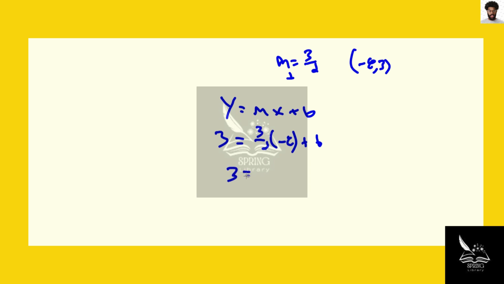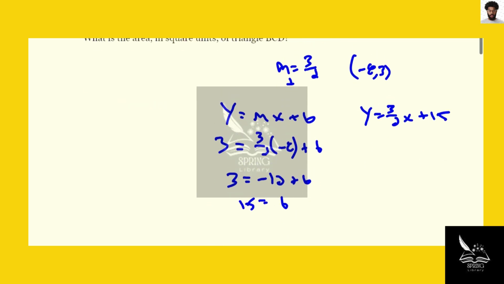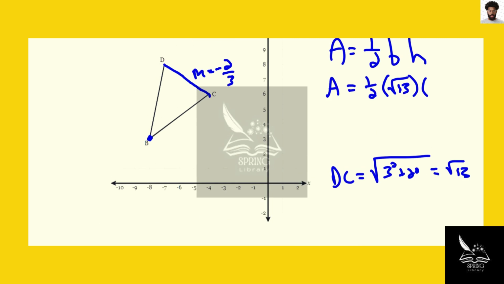3 equals -12 plus b, so b equals 15. So y equals 3/2 x plus 15 is going to be the perpendicular, but we need to find out where they actually cross.